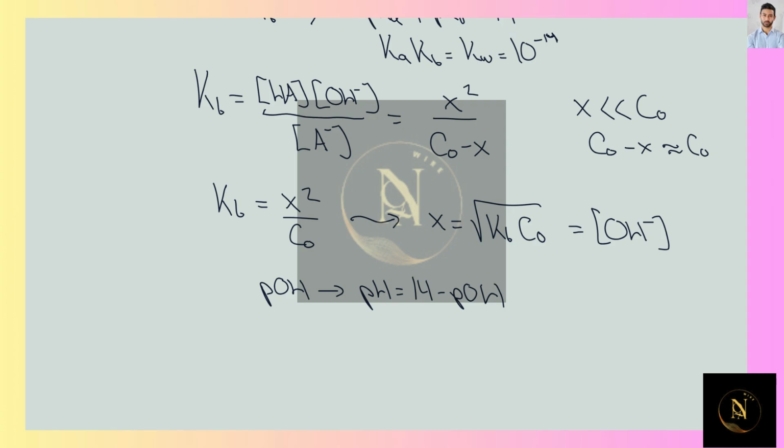So now let's do the calculations for case B and C. For B, we know that the Ka of the acid is 1.3 times 10 to the minus 5.